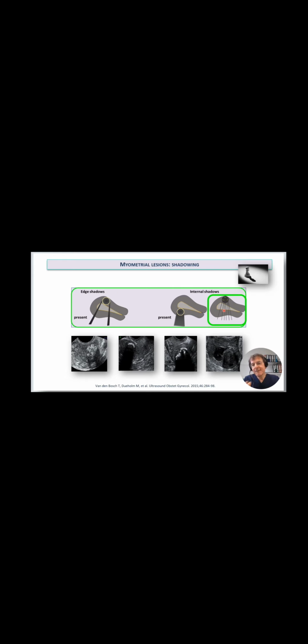You might have more fan-shaped shadowing behind the lesion. What you have to remember is, the more shadow you see, the more reassuring it is. So shadowing is quite a reassuring feature, just as calcification is also a reassuring feature.